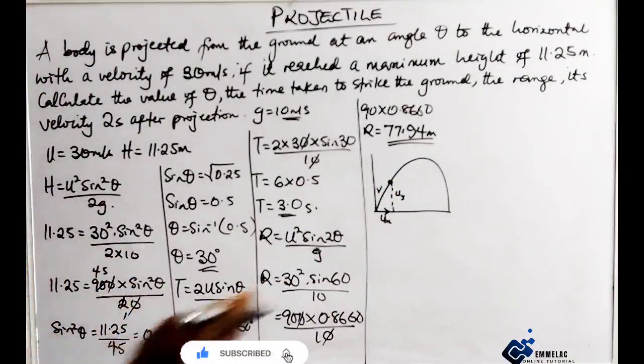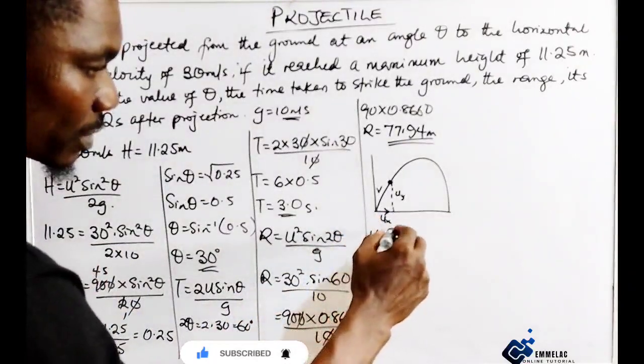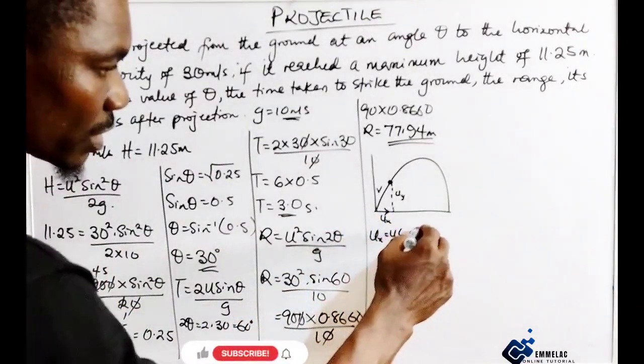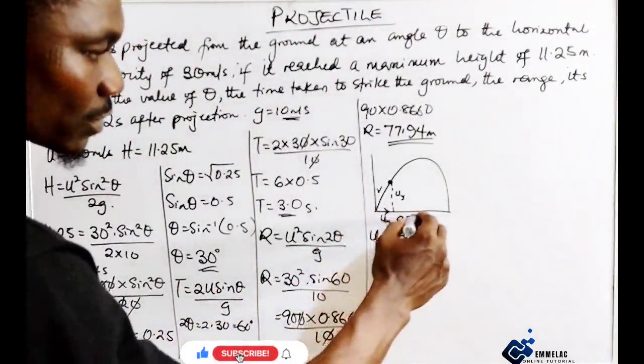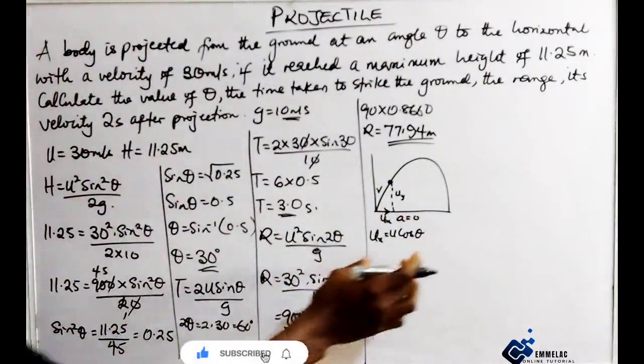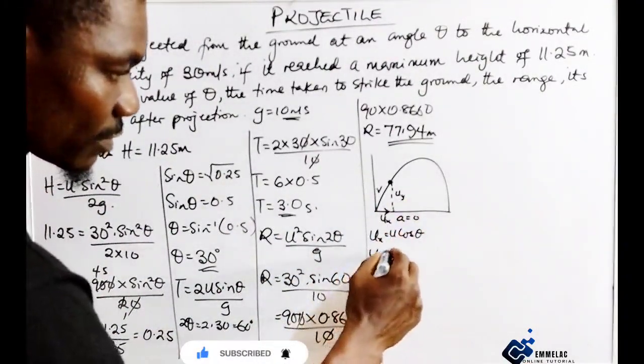Now for the x component, which is u cos theta. Take note, at this point the horizontal acceleration a equals 0.